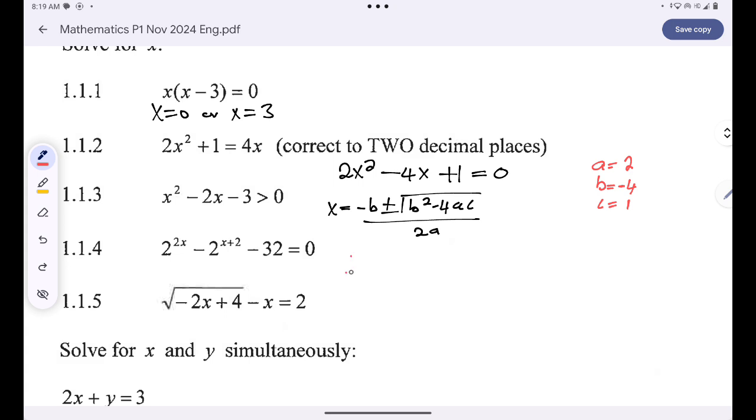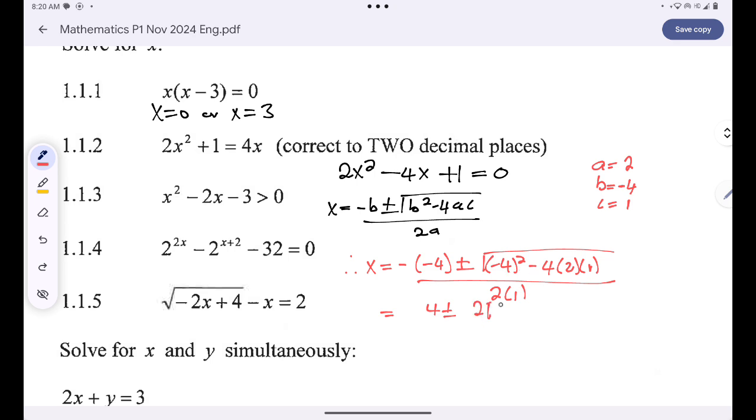So for me to find the roots, I just need to say x is equal to minus a negative 4, plus or minus the square root of negative 4 squared minus 4ac, all divided by 2a. And I'll simply get 4 plus or minus the square root of, inside the square root I have 16 minus 8, which is equal to 8.